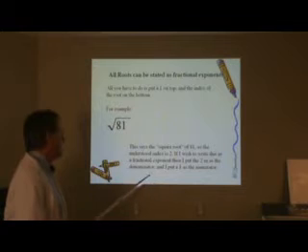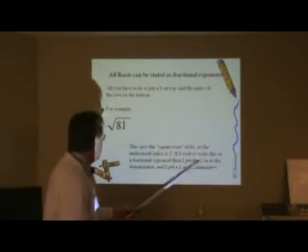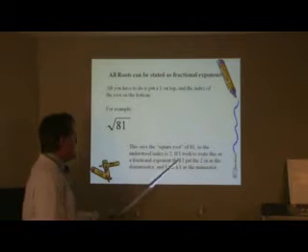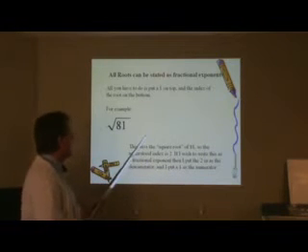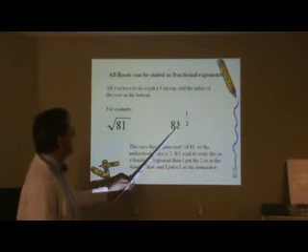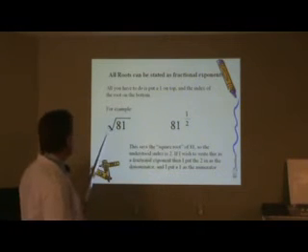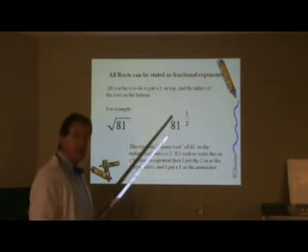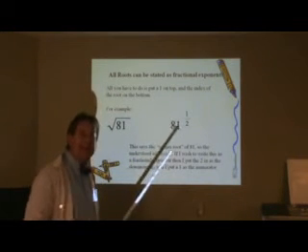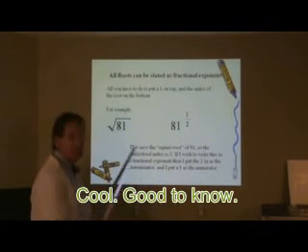Understood index of 2. If I were to write this as a fractional exponent, I would put 2 in as the denominator. I would put 2 as the bottom of the fraction, and I put a number 1 as the numerator. It could look like this. So the square root of 81 and 81 to the 1/2 power, they actually mean exactly the same thing. Both would be equal to 9.